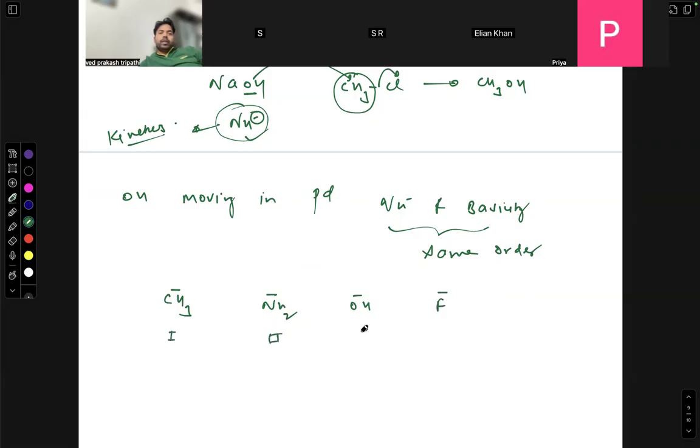So if you are going to arrange in the decreasing order of nucleophilicity, this is related to the same period, so the nucleophile order would be this. And the same order for the basic strength as well. Same order. Clear? Make sense?